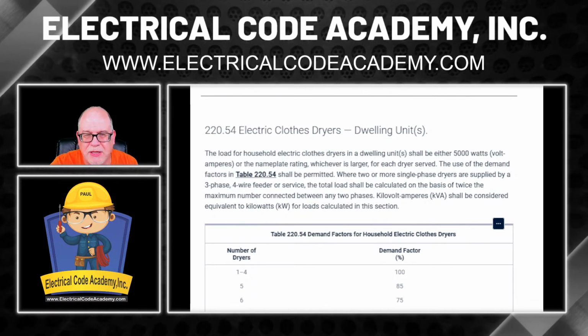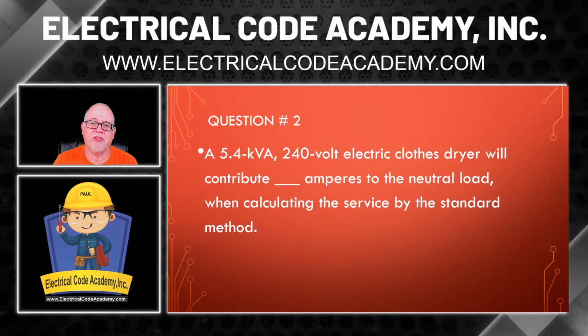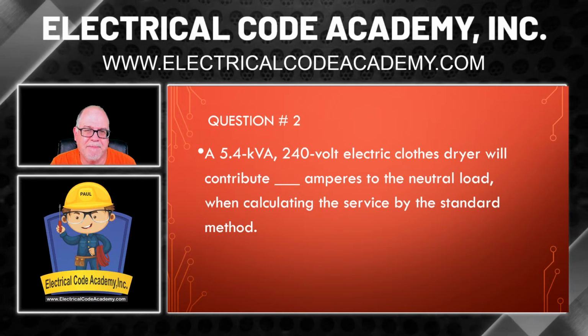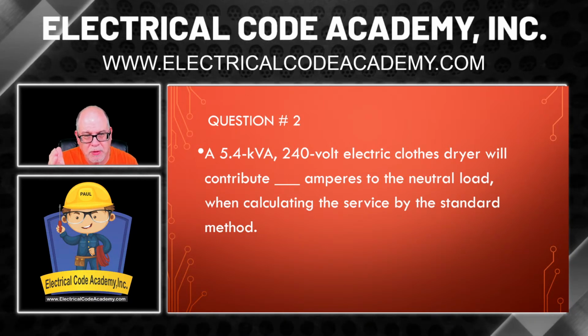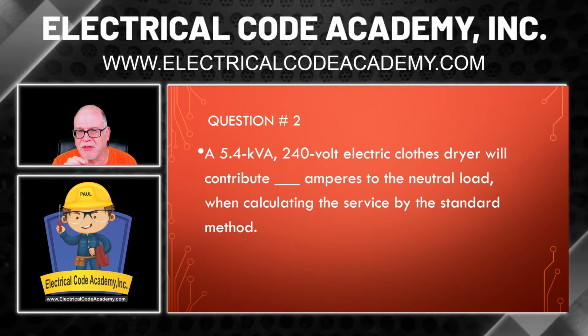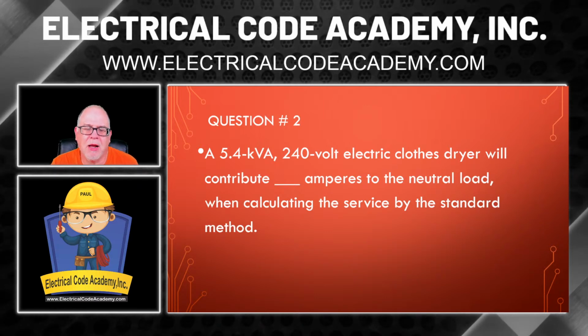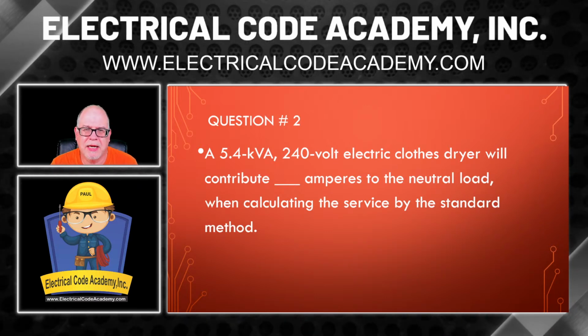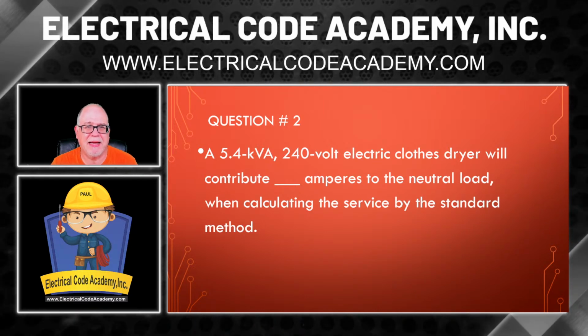So let's go back and look at our question. So there's our question. It was 5.4 kVA and 240 volts, right? So we're trying to get the amps. Now, you might be thinking to yourself, you're one of those astute students, I can tell. And you've said, well, you know what, Paul? All I'm going to do is use Ohm's law, and I'm going to take the 5.4, and I'm going to divide that by 240.